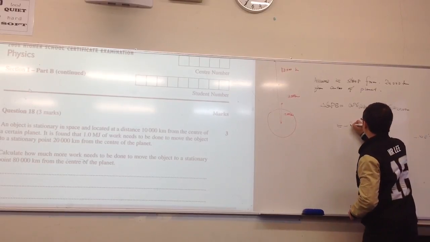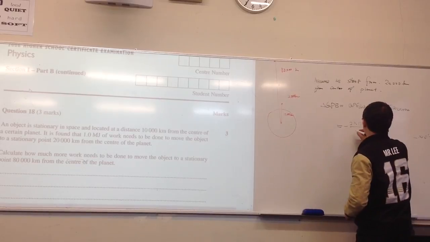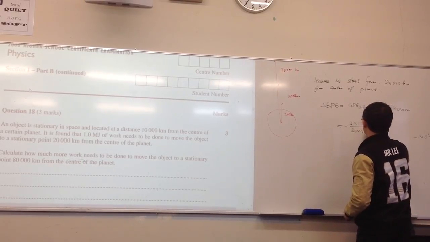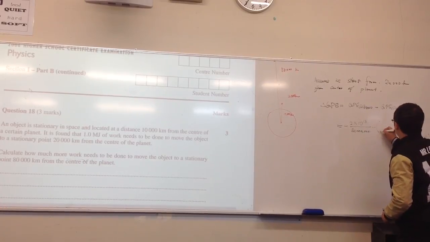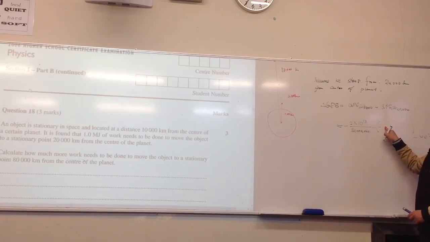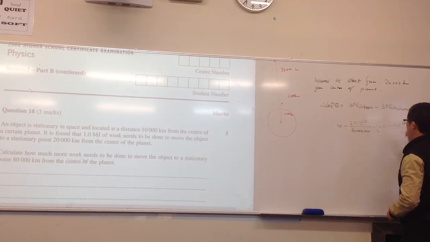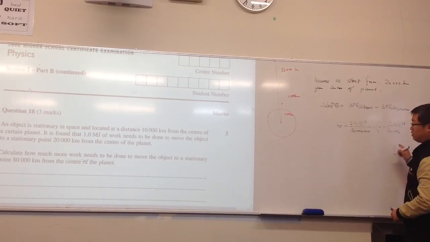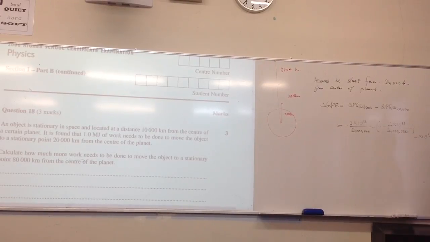So minus 2 times 10 to the power of 13 divided by, in this case, 80,000 kilometers. And then minus again, don't forget that sign up there, yeah? 2 times 10 to the power of 13 divided by 20,000 kilometers. And again, don't forget the conversion, alright? Because this is kilometers, you need to convert that back to meters.